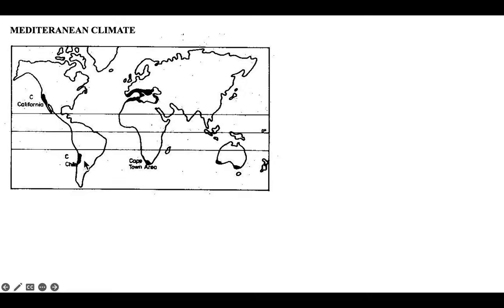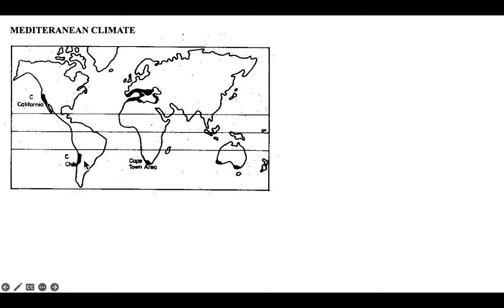This particular area here in central Chile is one of them. Then we have central California and San Francisco, that's where we have this type of Mediterranean climate. And then we have southern and southwestern Australia, these points.